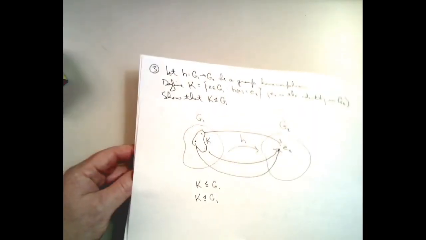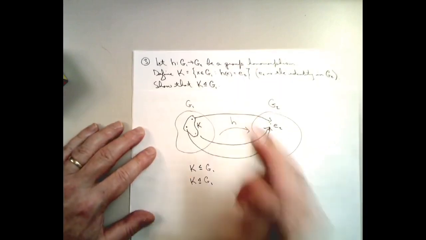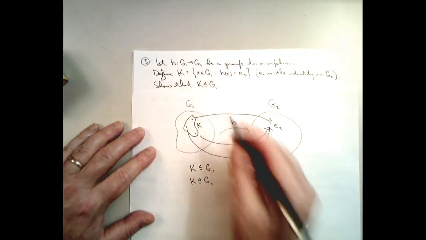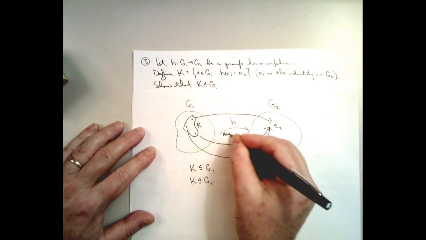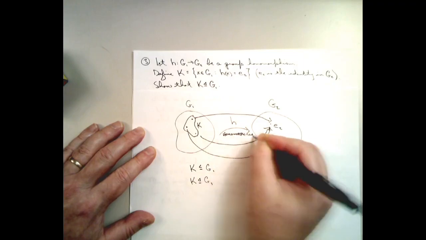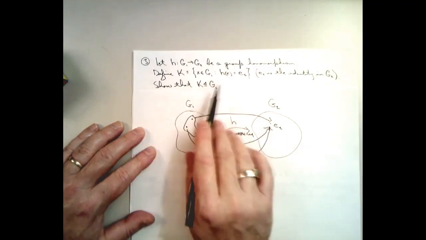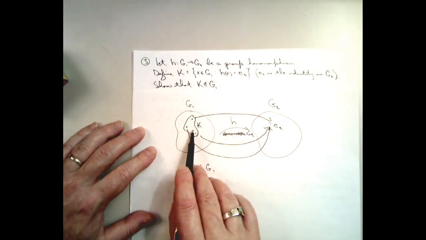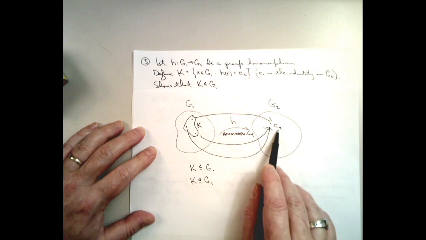So here's my copy of that homework problem. So we're starting with a homomorphism between 2 groups, right? So H is a homomorphism. And we're defining K to be the set of everything in G1 that gets mapped to the identity element in G2.